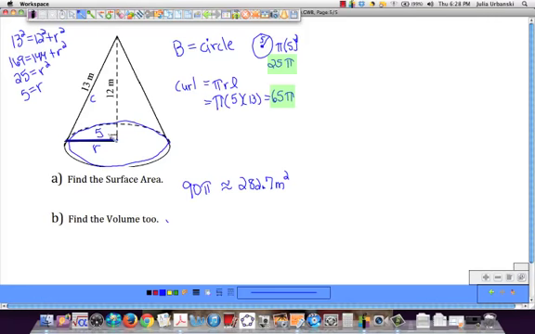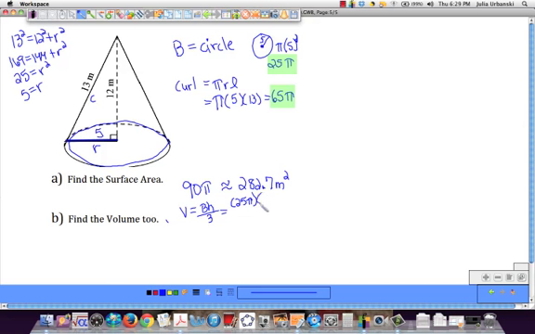For volume, this is a time that you have to use that formula that divides by 3, because it's getting smaller and smaller. So the volume equals base area times height divided by 3. Well, you already found the base area. That's 25 pi. So plug it in. The height for the volume fills up the inside of the cone, so the height that you want for a volume is the height that's on the inside of the cone.